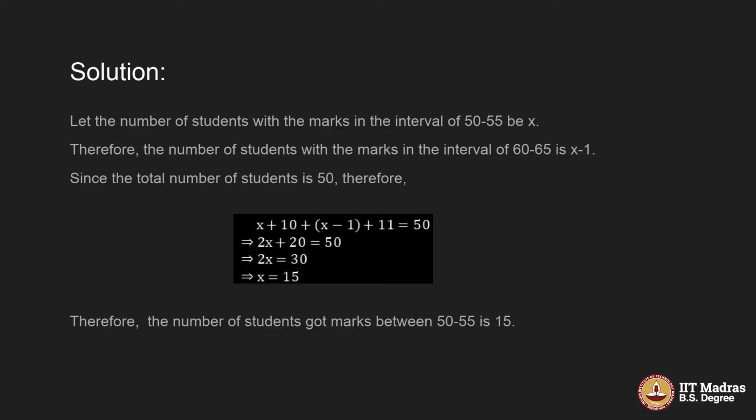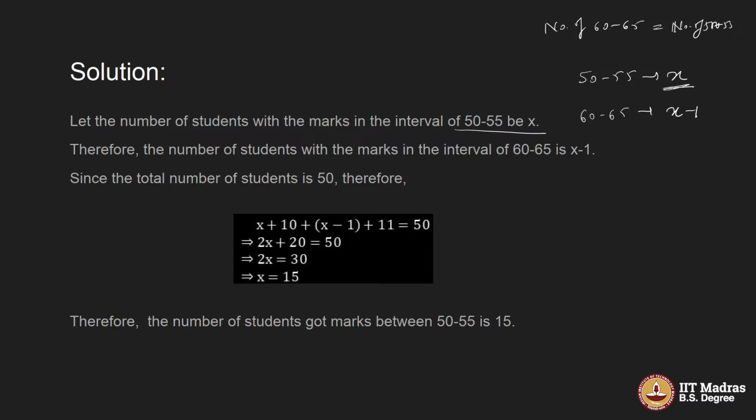Let the number of students with marks in the interval 50 to 55 be x. So for 50 to 55 the number of students is x. For 60 to 65 it will be x minus 1. Why? Because the number of students for 60 to 65 is 1 less than the number of students for 50 to 55.